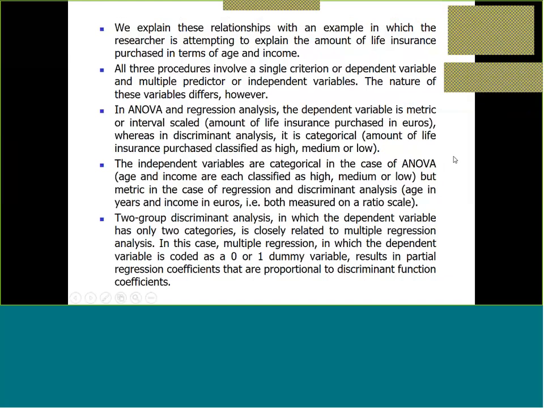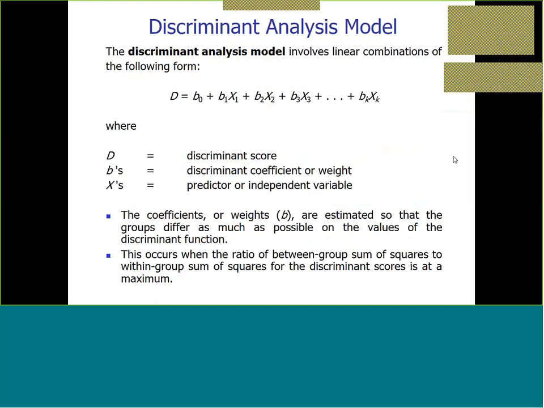So I'm concentrating only on discriminant analysis with two categories of dependent variables. When there are only two categories in the dependent variable, only one discriminant function needs to be constructed. So the discriminant analysis model is a linear combination of independent variables.